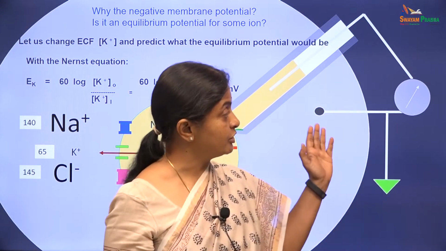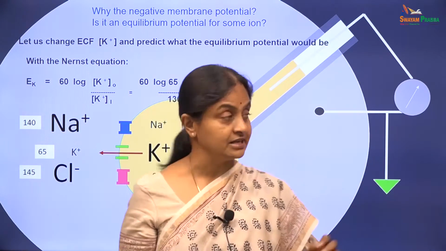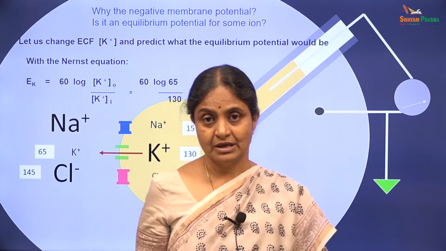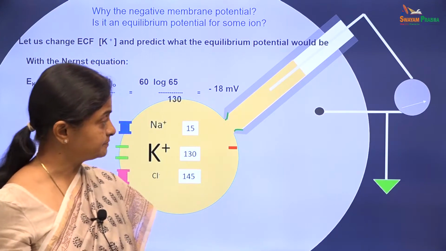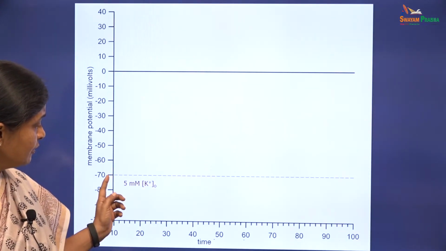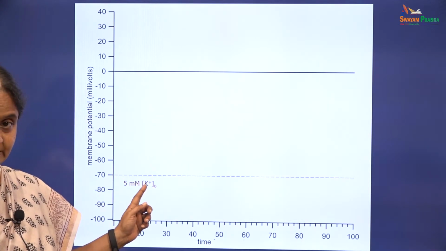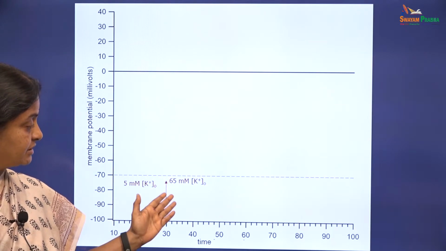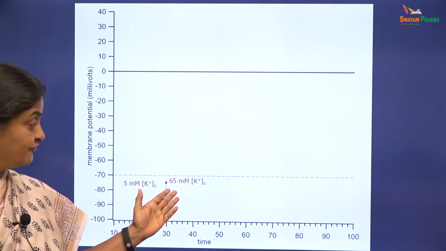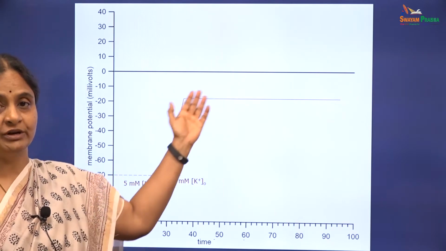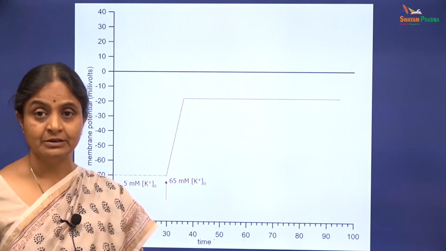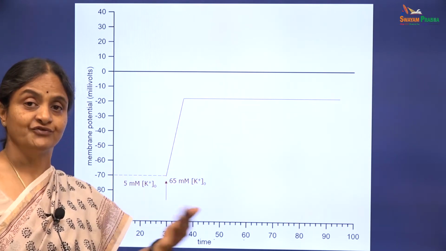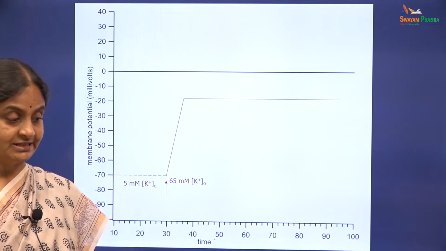Now, what happens to our recorded potential when we have increased extracellular potassium? Yes, it does reduce. In your recording, you would see that when you had 5 millimolar potassium outside, you would have recorded a certain negative potential, but if you increased potassium concentration in the extracellular fluid, the membrane would depolarize and would reach a new potential, which is the potassium equilibrium potential for that set of concentrations of potassium.